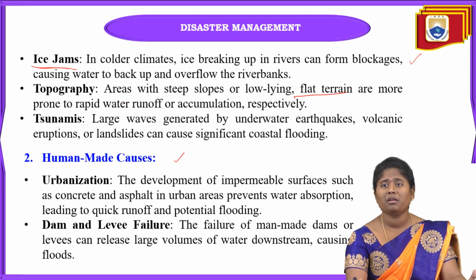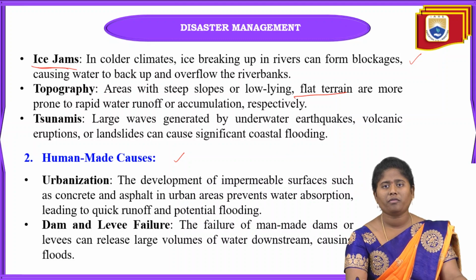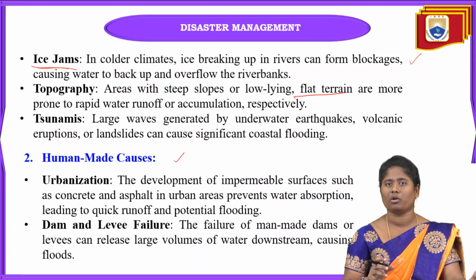So what will happen? That will prevent the absorption of water when rainfall happens. If any heavy rainfall happens, the ground should absorb the water at that time only. Then we can eradicate these floods.